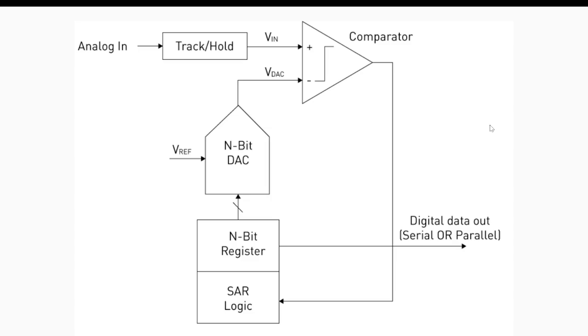And this is again the same thing, but more technical inside. We just track and hold, or sample and hold, the input voltage, and this is the comparator, and the feedback comes in, and then you have the SAR logic, and this is your shift register, which goes out as the digital output. You convert it back using a DAC, digital to analog converter, and make it available to your inverted input. And again, the key aspect here is the reference voltage.